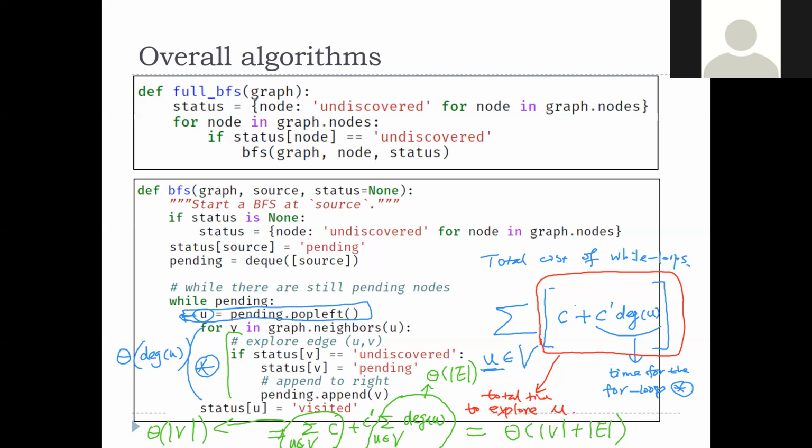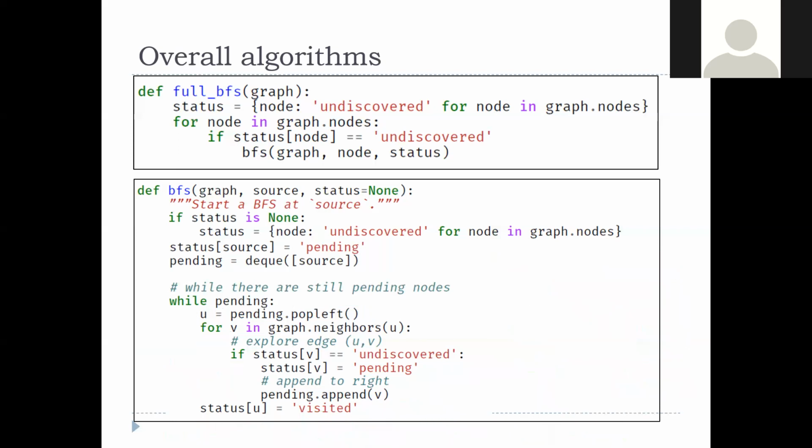In the while loop you visit every node exactly once, and when you explore a node you look at the node itself and explore its neighbors. That's the cost of exploring a node U, and the total cost of exploring all nodes gives us V plus E. So this is a bit more precise argument.